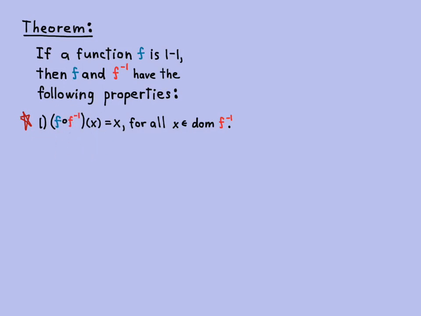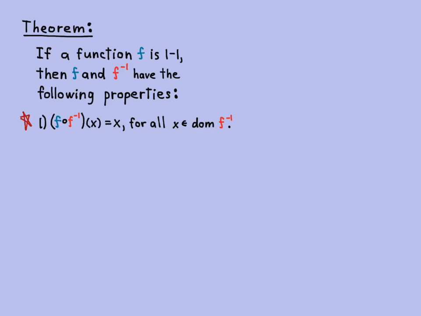Right? So if x is not in the domain of f inverse, then you don't get x. So this isn't y equals x. It's not necessarily the whole line y equals x, because x has to be in the domain of f inverse, so it depends on what the domain of f inverse is. Okay?